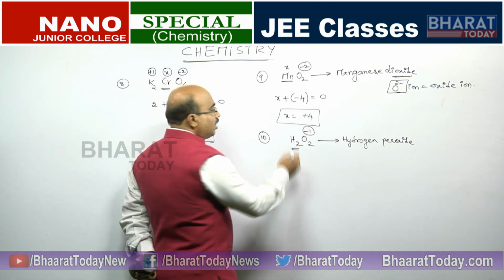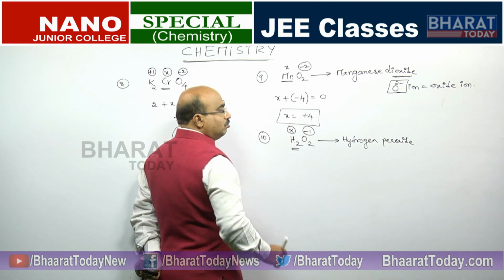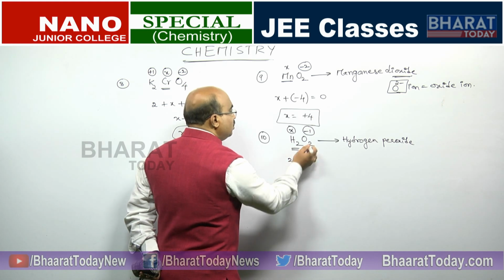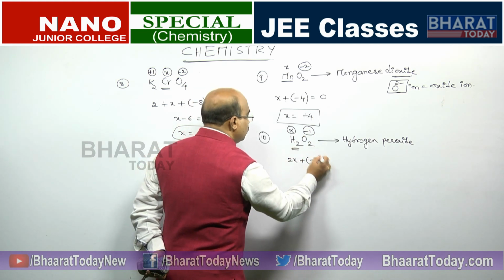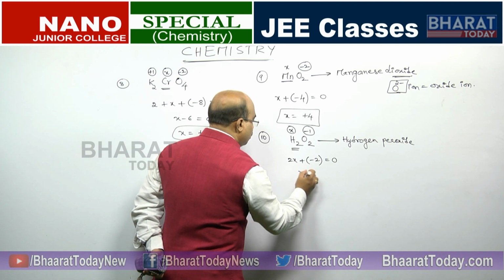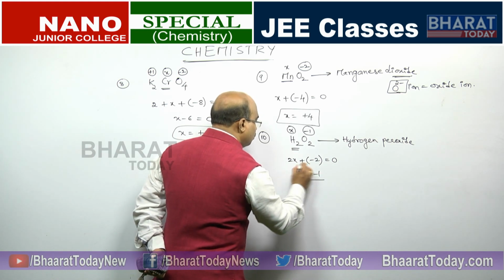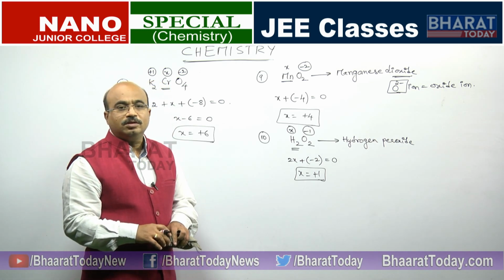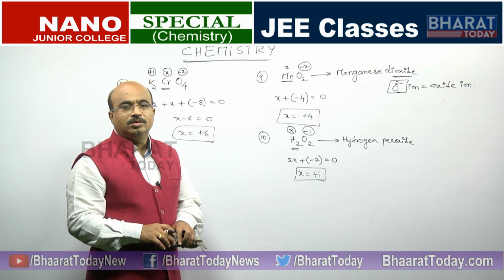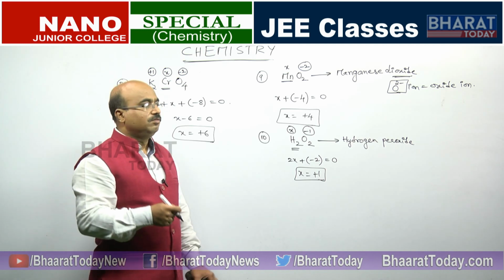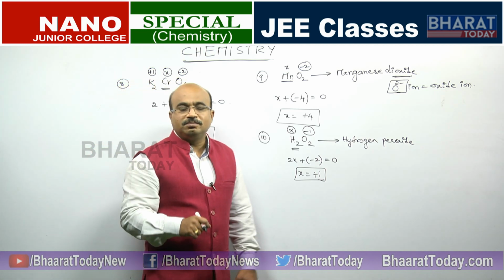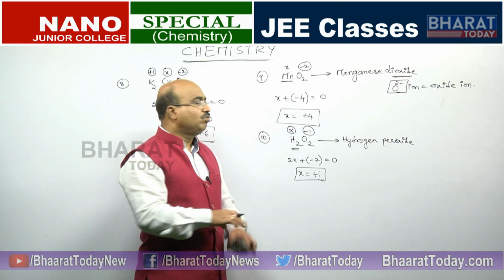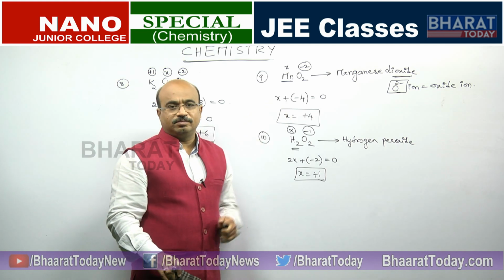So, hydrogen will take x, then it is 2x, and -2 is equal to 0, so x is equal to +1. Let us do it the other way, with respect to hydrogen, because we have a rule for hydrogen. How do we say this compound is a peroxide?